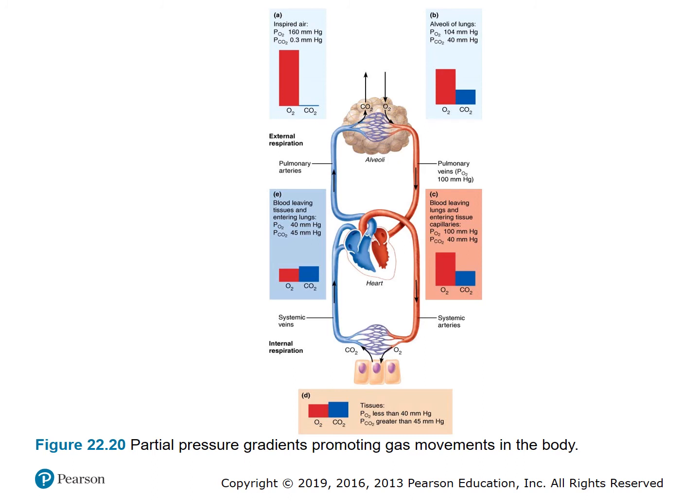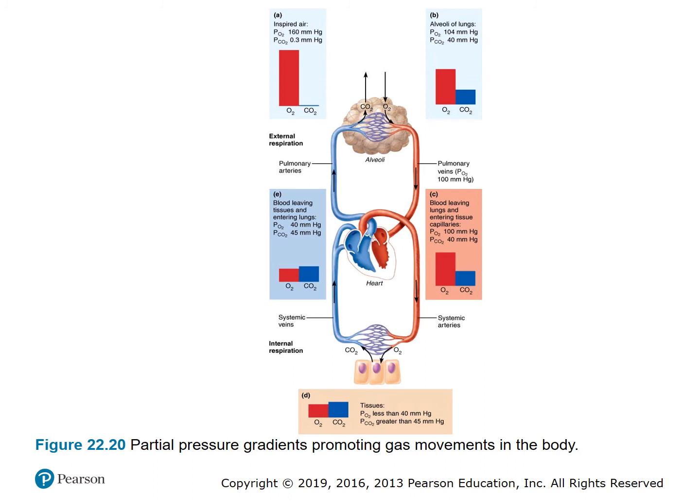In B, we have the level of the alveoli of the lungs, 104 versus 40. And in C, we have blood leaving the lungs and entering tissue capillaries. So here it's 140 millimeters. This is going directly to the systemic circulation. And D is at the level of the tissues.